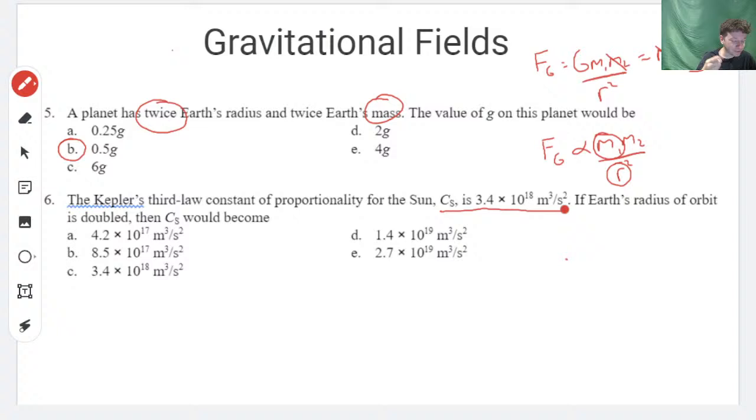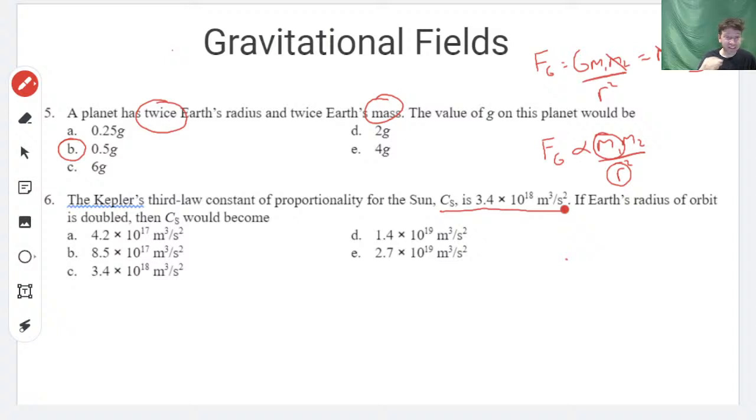So if you remember Kepler's third law, it is proportional to, what is it, the cube of the radius and the inverse to the square of the period. It's a crazy equation, but the constant is the same for any object orbiting that object. So if you have the Earth, the constant will be the same for any satellite orbiting the Earth, the moon orbiting the Earth.